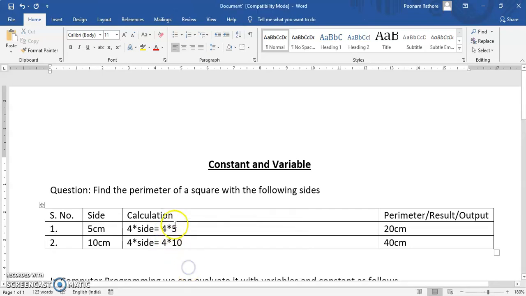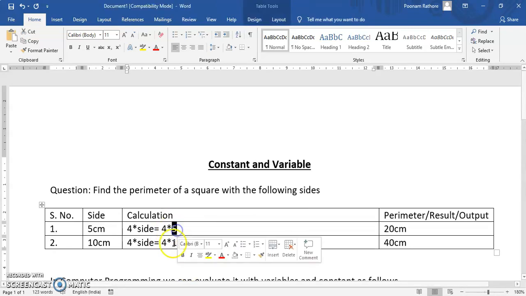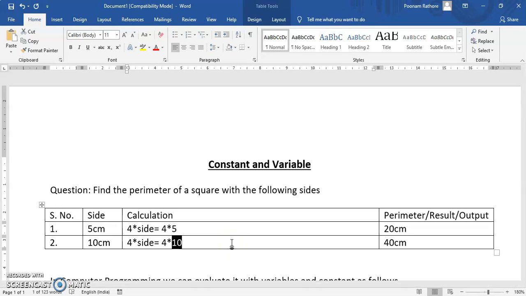So what is changing? The side, which is 5 and 10. So the value which is changing is known as a variable. Variable is extracted from the word vary. Vary means change. So whatever is changing during the calculation is a variable.